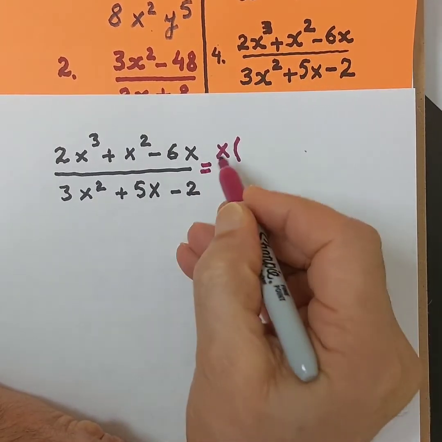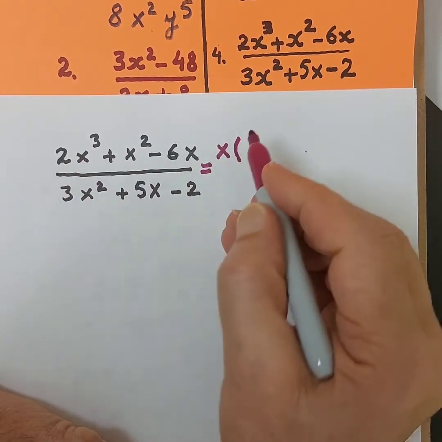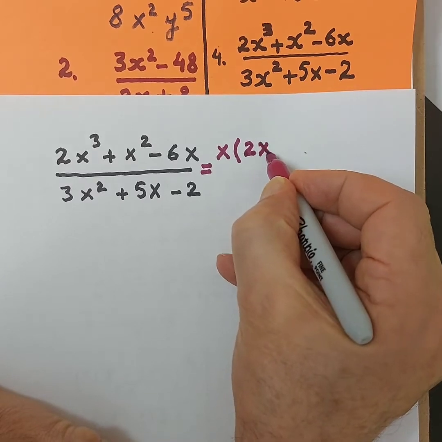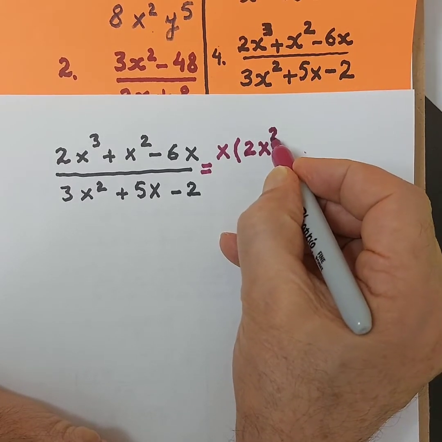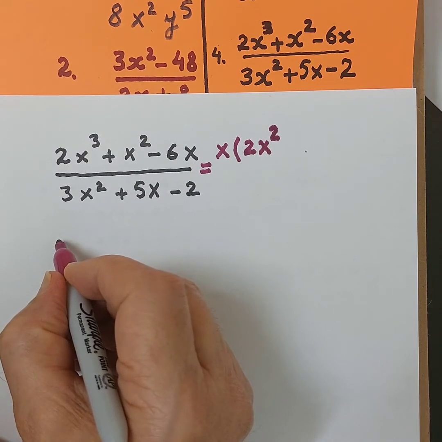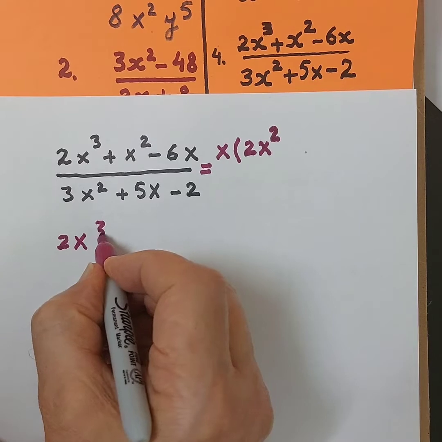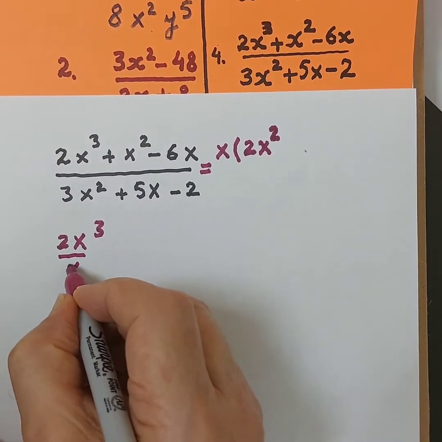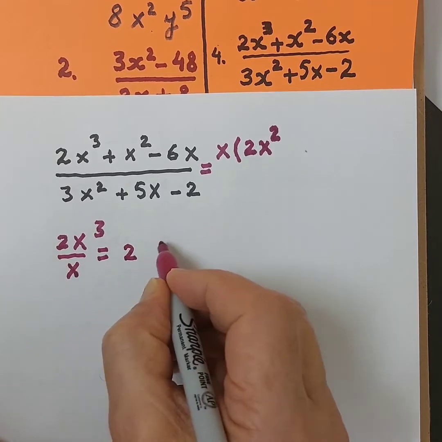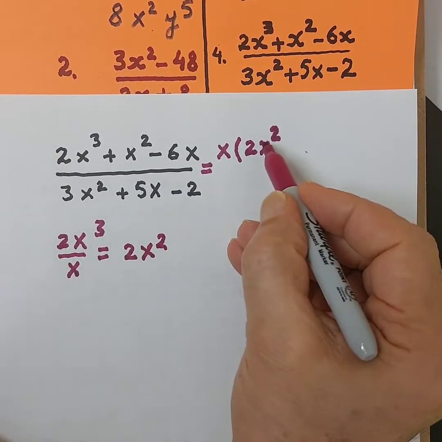So we took x out of the brackets and we will write here 2x squared, as we make division. When you make division like 2x cubed over x, the result will be 2x squared. And this 2x squared is what we wrote here.